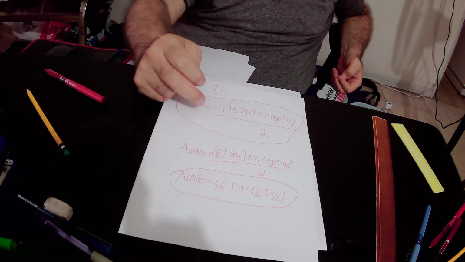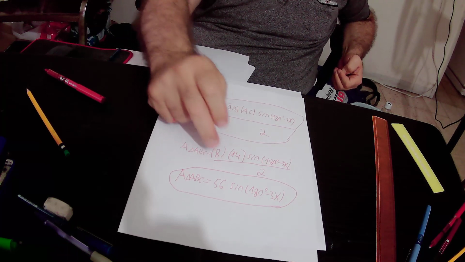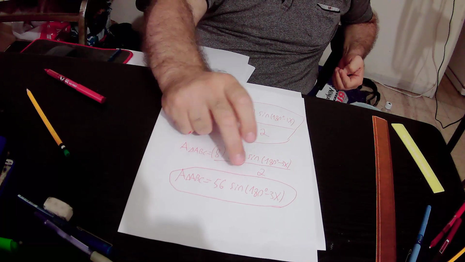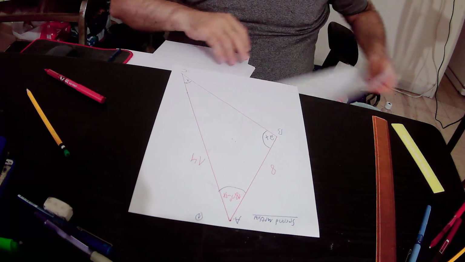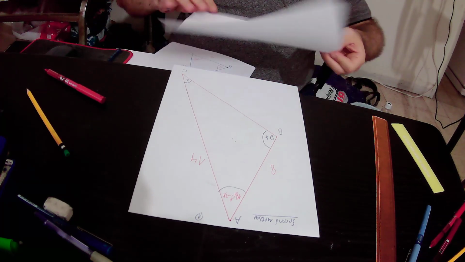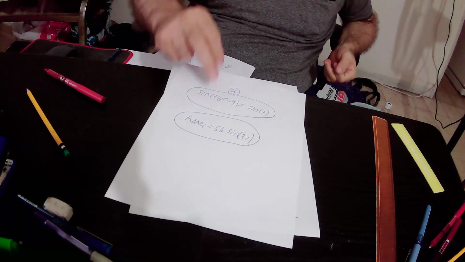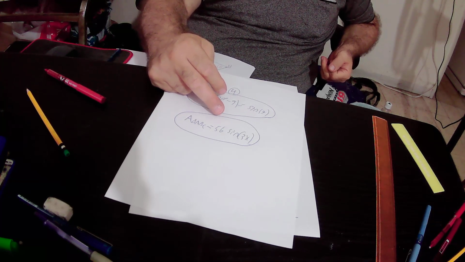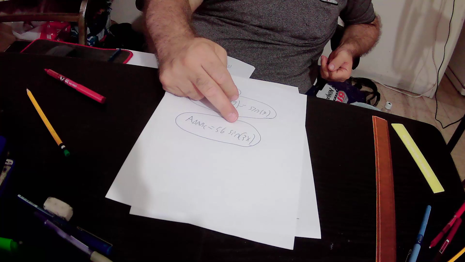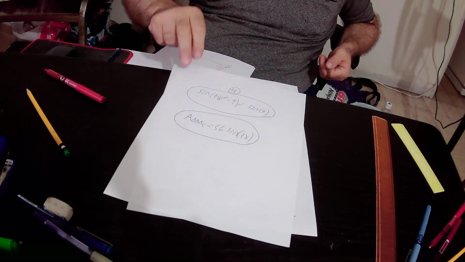And we know that sine of (180 degrees minus alpha) equals sine alpha, so the area of triangle ABC will be equal to 56 times sine 3x, according to this equality.